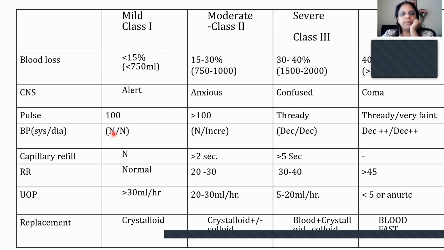Blood pressure, both systole and diastole, is normal, capillary refill is normal, respiratory rate is normal, and urine output is normal, which is more than 0.5 ml per kilogram per hour. This is how he comes, you have to diagnose the loss, and your management is only by crystalloid, right?